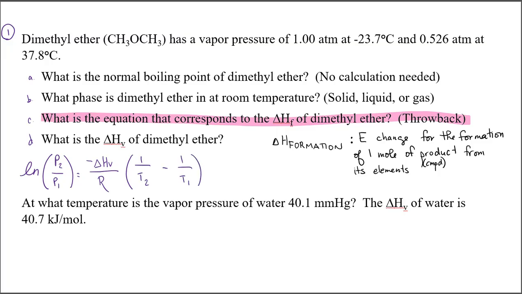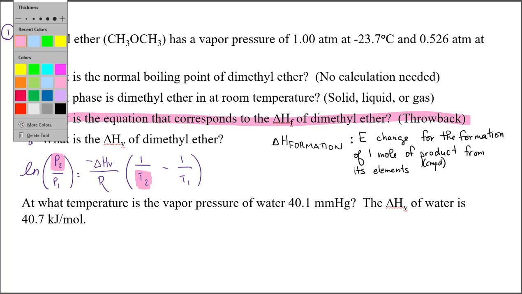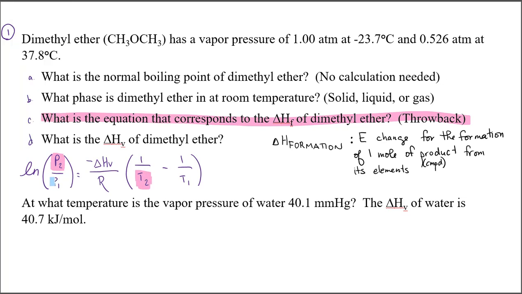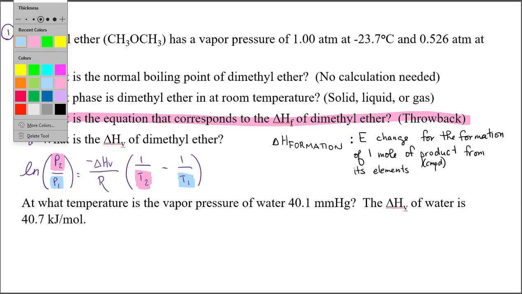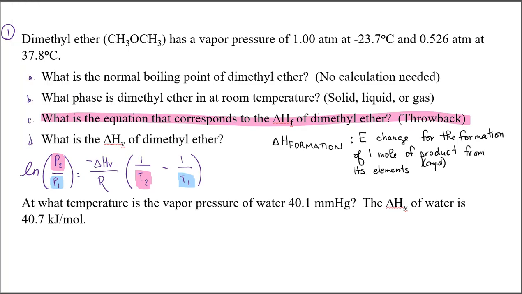The most important part of the Clausius-Clapeyron equation is the vapor pressure that's on top in the natural logarithm matches the temperature that comes first. The vapor pressure that's in the bottom matches the temperature that comes second. That is the utmost crucial thing.